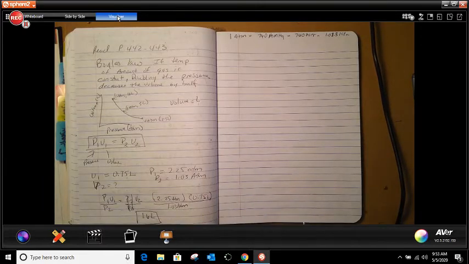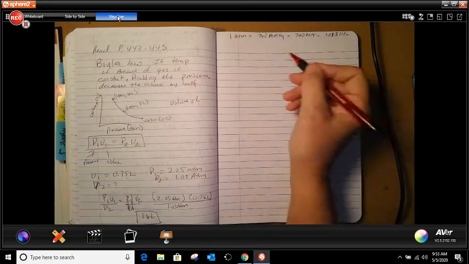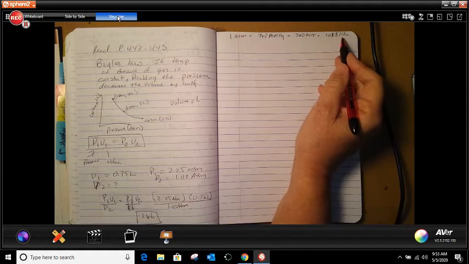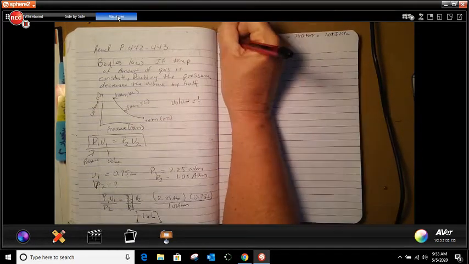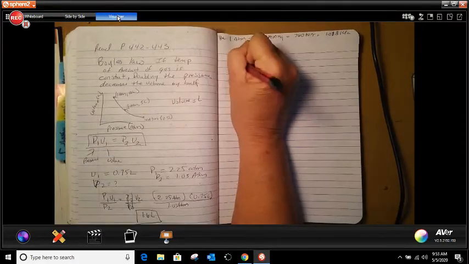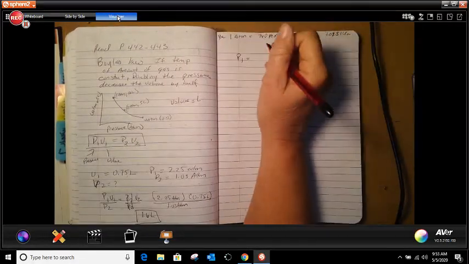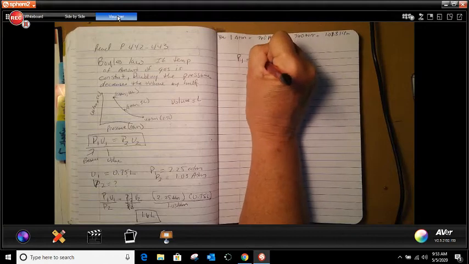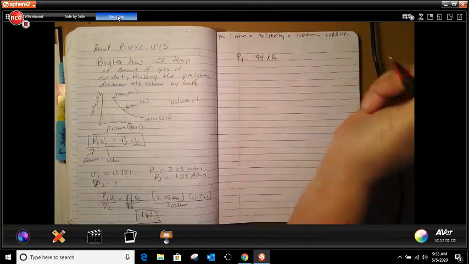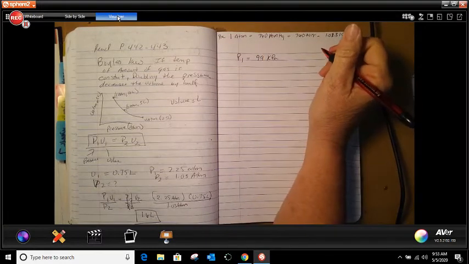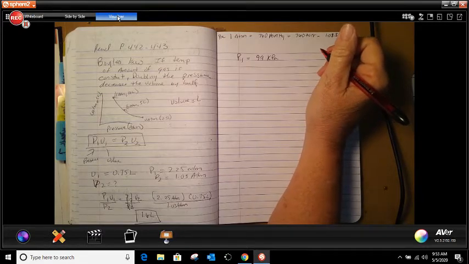The gas is at 99 kilopascal. Well, that's up here, isn't it? So that is going to be my pressure, right? These are my pressures. So pressure 1 equals 99 kilopascals, kPa, and it has 300 milliliters of air.